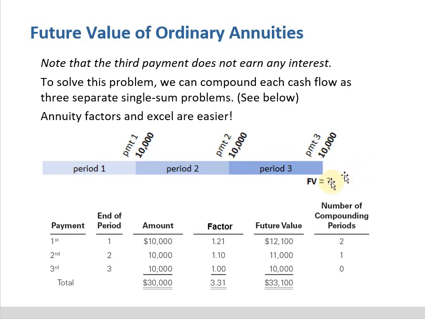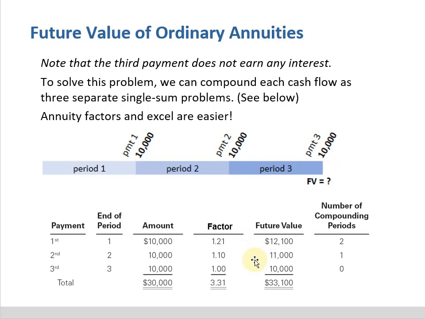So if we do the computation manually using just future value factors, we can compute the future value of each of these 3 payments and then add them all together. The factor for 10% and 2 compounding periods is 1.21, so that $10,000 would turn into $12,100.